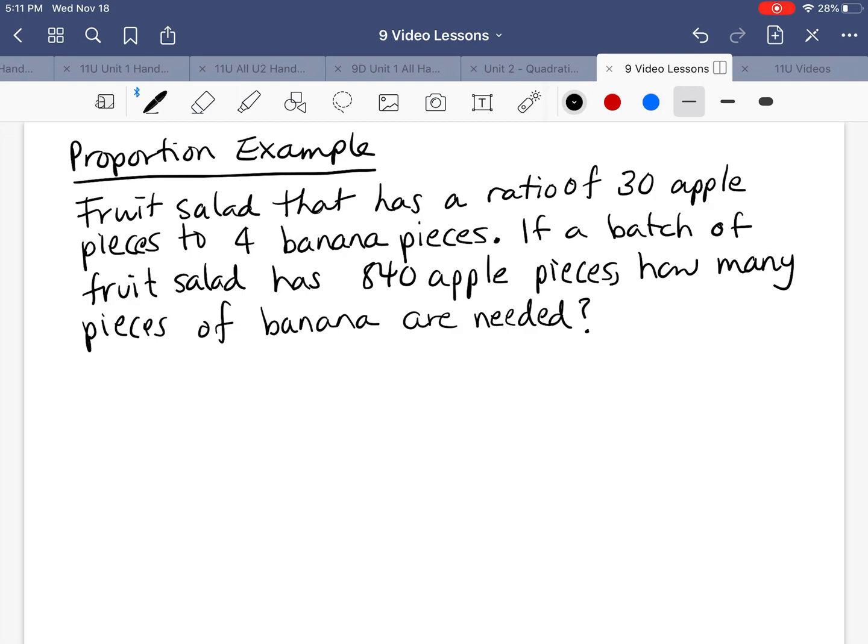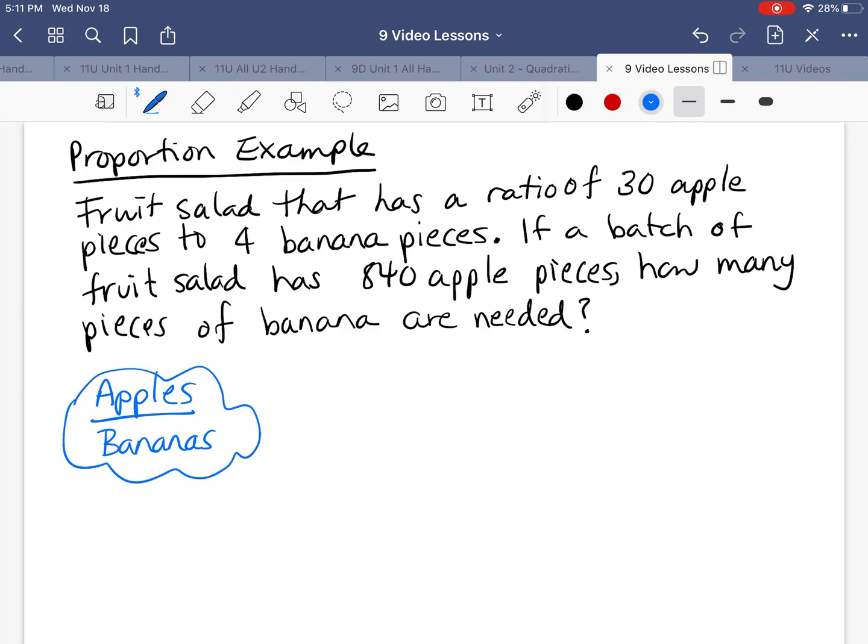Okay, so here's our question, and we want to set up a proportion. So what I'm going to do is I'm going to set this up in fraction form, and I'm going to put my information about apples on top and my information about bananas on the bottom.